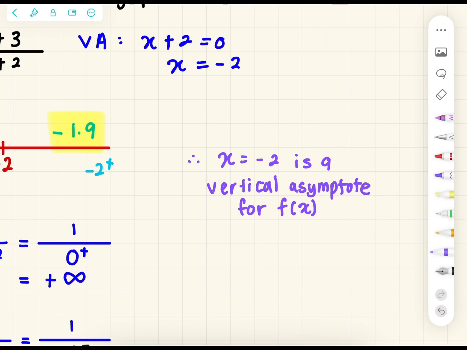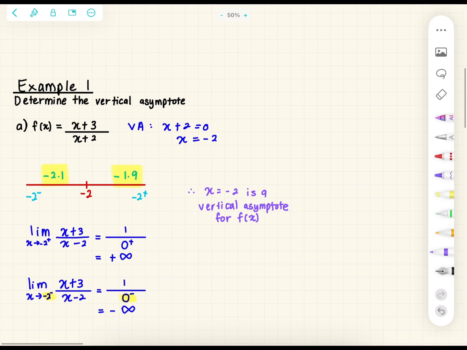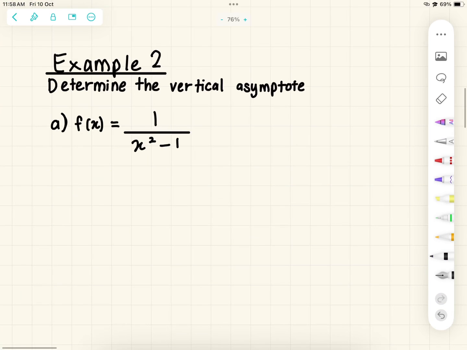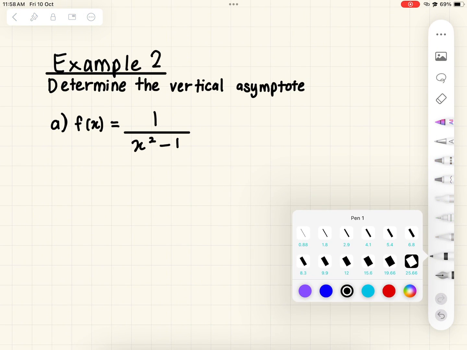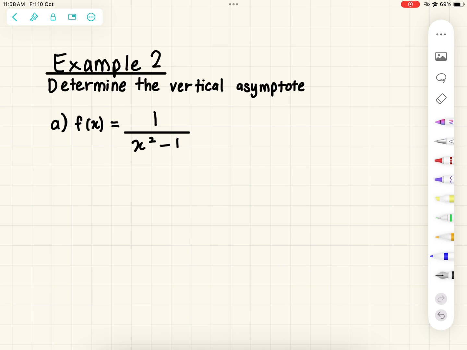So let's proceed to the next example. Now we have 1 over x squared minus 1. If we simplify this function by factorizing x squared minus 1, we get 1 over (x plus 1)(x minus 1).